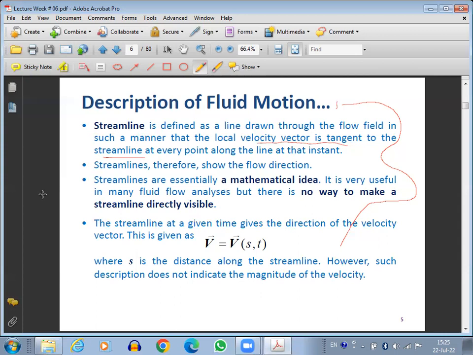Suppose this is a line. At any point, the velocity will be tangent to that line, just to show what the direction of velocity is at that point on the line.